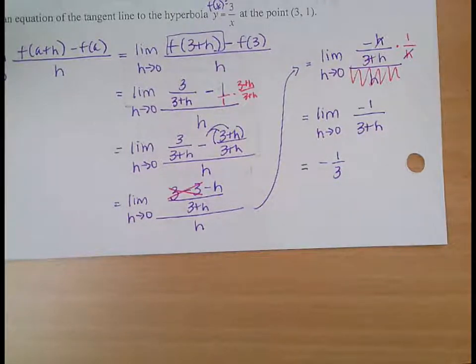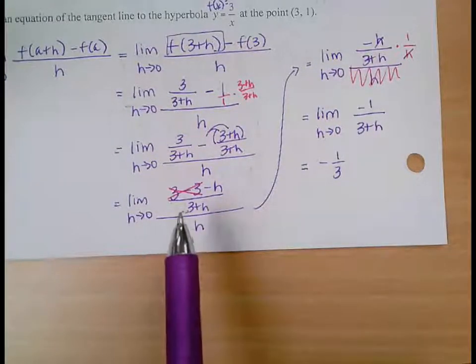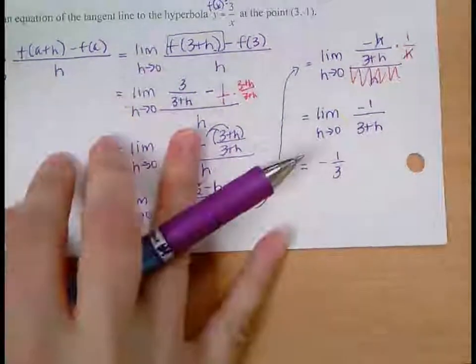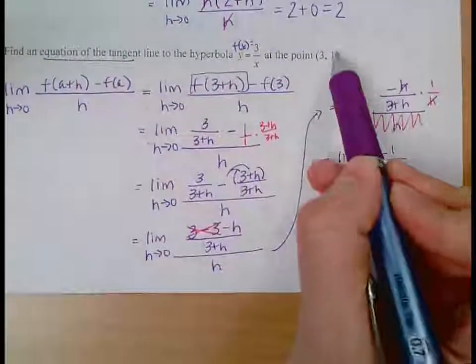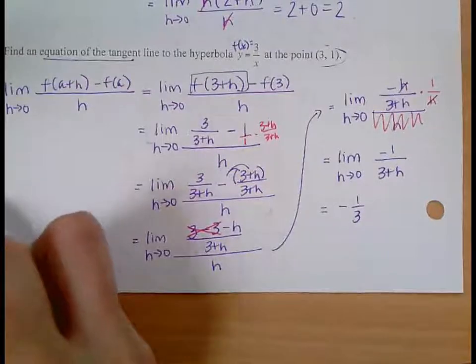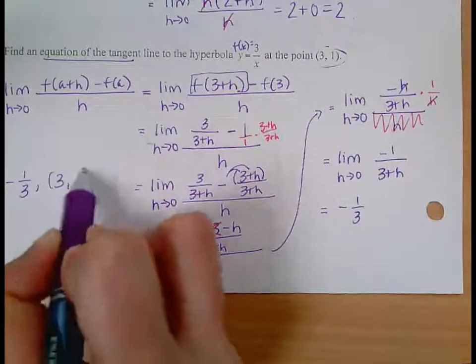As x approaches 3. I will look at yours while you're getting -1/6. To finish this problem, though, make sure, because this is a lot of work, you're not done with this question. Don't leave this here. You have to find the equation of the tangent line at this point. So if m is -1/3, your point is 3, 1.